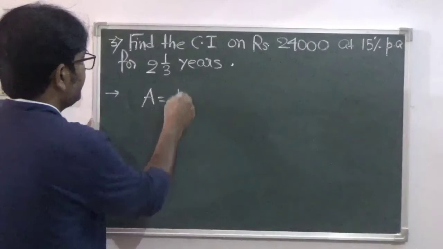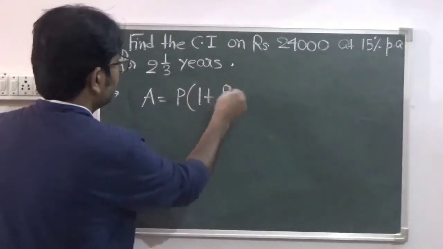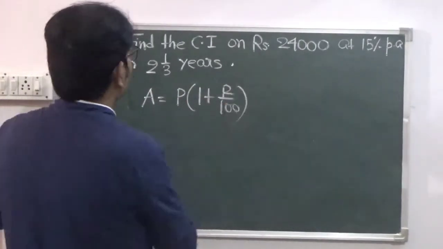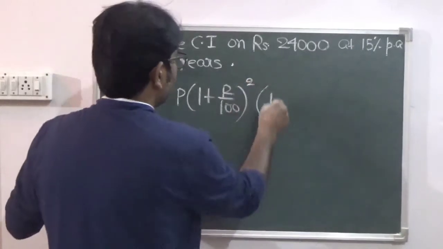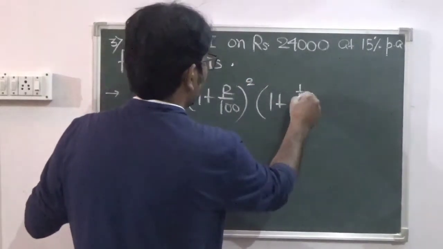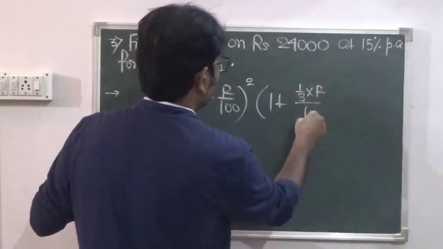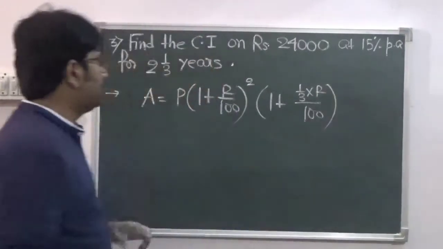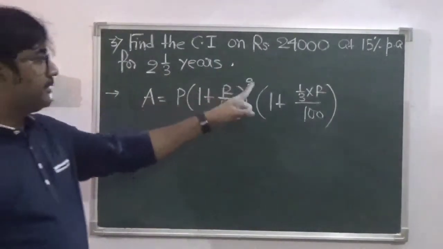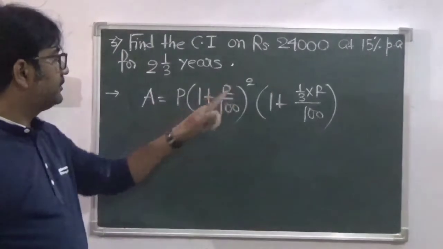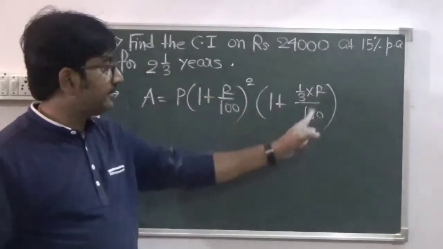So amount is P into 1 plus R by 100 to the power 2, into 1 plus 1/3 into R by 100. So this will be the formula.